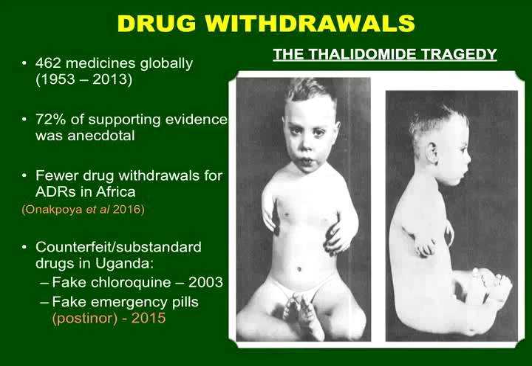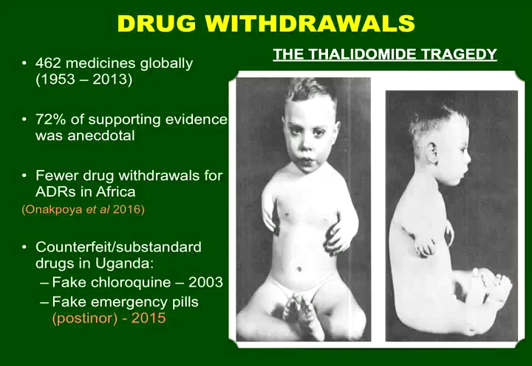Fewer than expected reports have been received from the African continent, probably because of its young pharmacovigilance systems. The withdrawal of counterfeit and substandard medicines has been documented in Uganda.